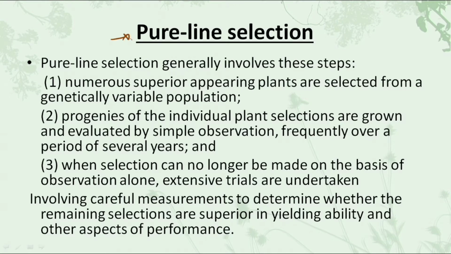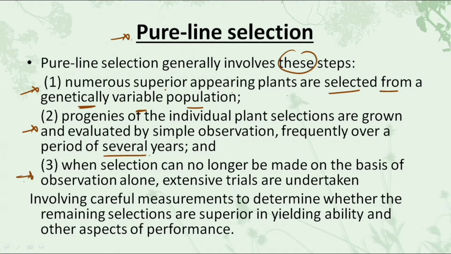This process of pure line selection mainly involves these steps. The first step is that numerous superior-appearing plants are selected from the genetically variable population. The second step is that the progenies of the individual plant selections are grown and evaluated by simple observations, that is, the ones that occur frequently over a period of several years.